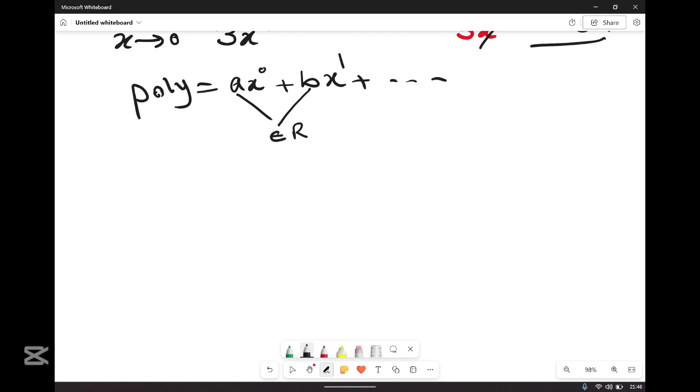Therefore, when we have a polynomial and x goes to 0, we use the minimum-power term.